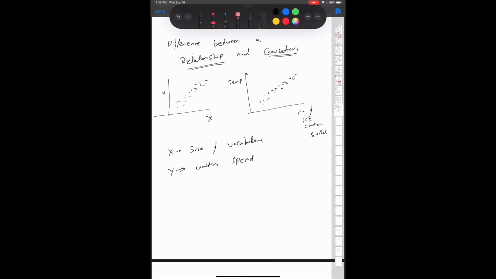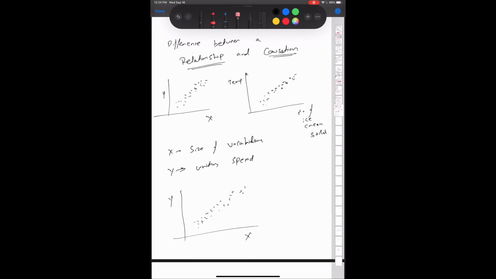If you look at the data set, you will see that people with a larger vocabulary will generally have higher writing speed. But it does not mean that if you have more vocabulary you will write faster. Writing faster depends on other things like age or experience and so forth, right?